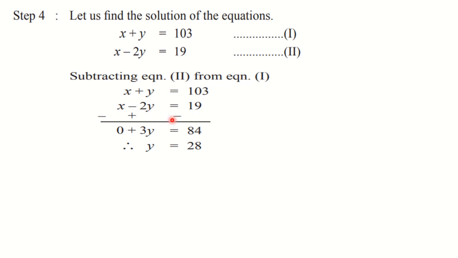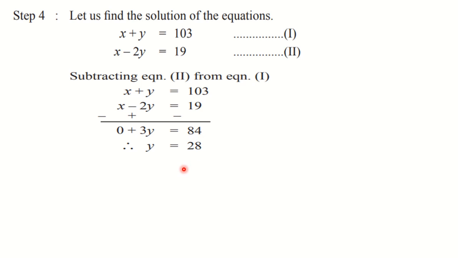All the signs are changed: plus has become minus, minus has become plus. So plus x and minus x cancel. Then this plus y and this plus 2y, 1 plus 2, we get 3y. And 103 minus 19 is 84. So 3y is equal to 84, therefore y is equal to 28.